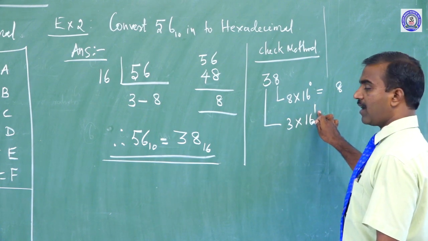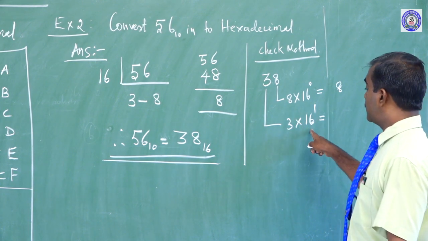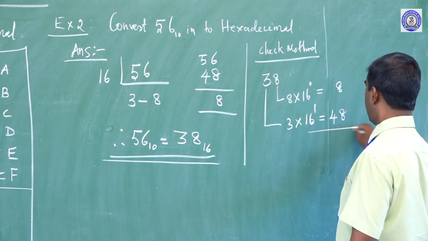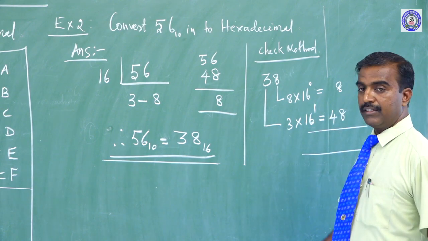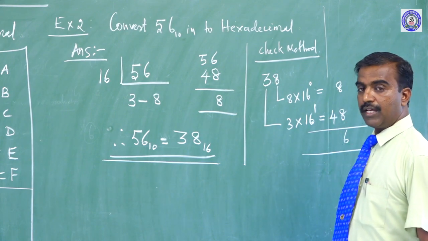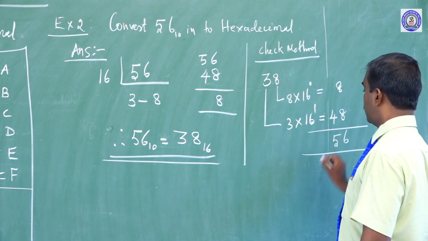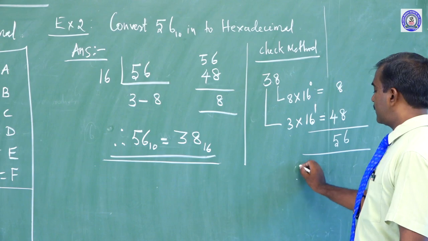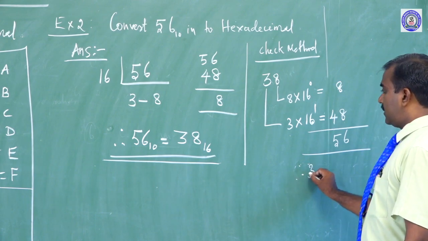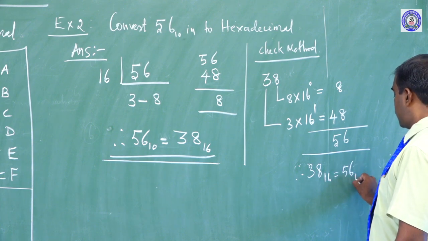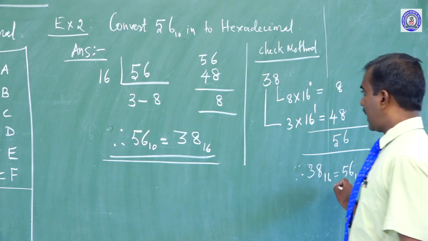Here 16 to the power of 1 equals 16. 16 into 3, what? 48. Clear? Now 8 plus 48 is 56. Okay, 56. Therefore, you see the answer: 38 base 16 equals 56 base 10. Okay, this answer came, no?